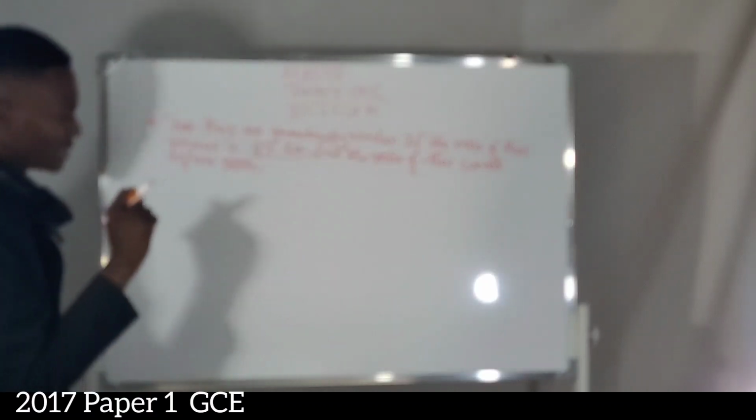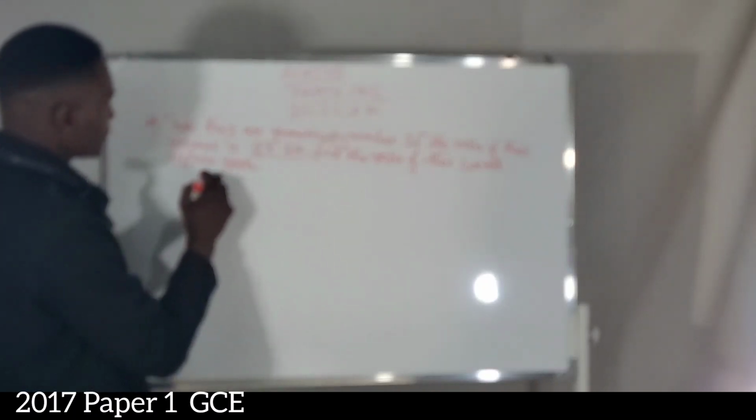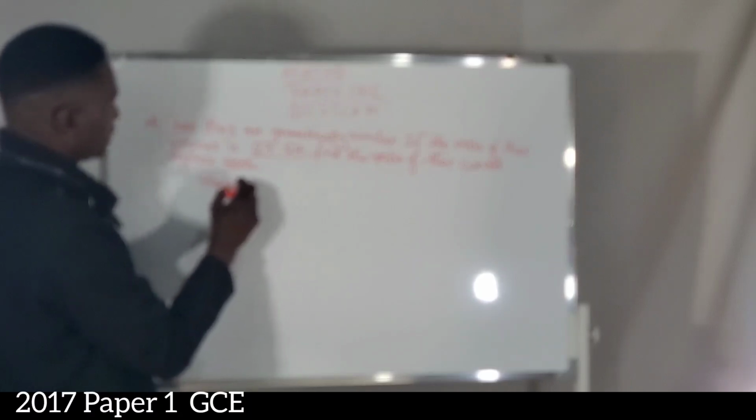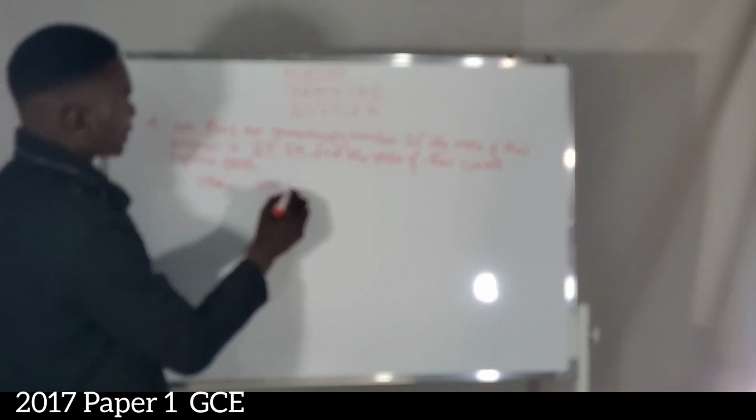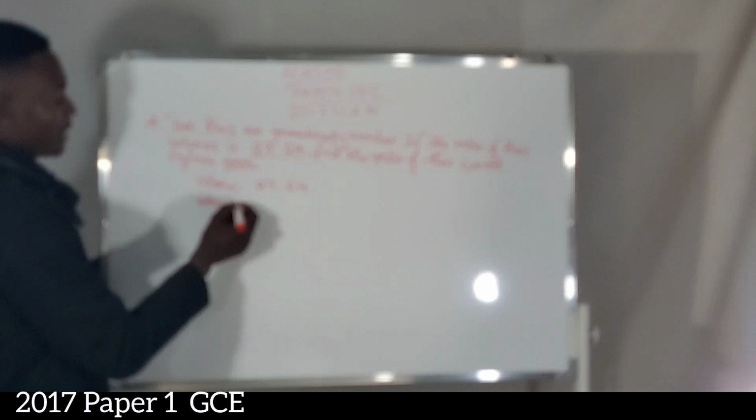Whatever ratio we are given, change it to the ratio of their sides. Before you change to the ratio of their area, you need to change to the ratio of their sides or heights.